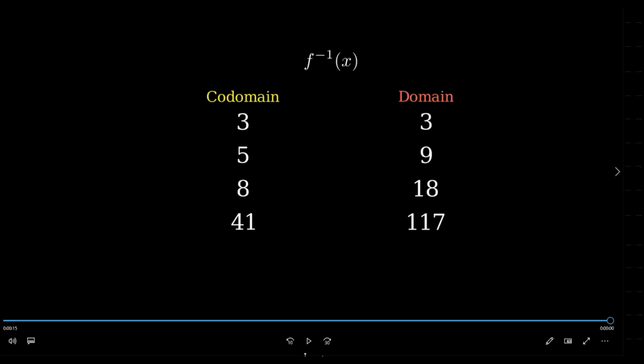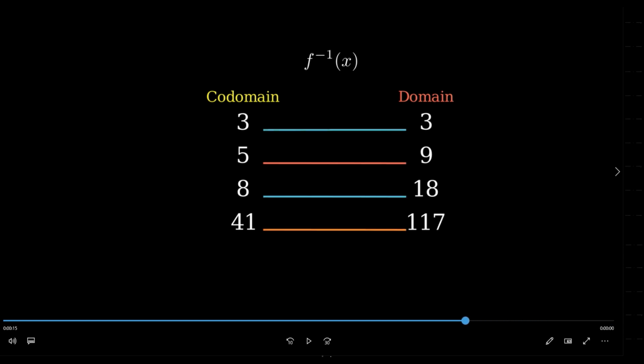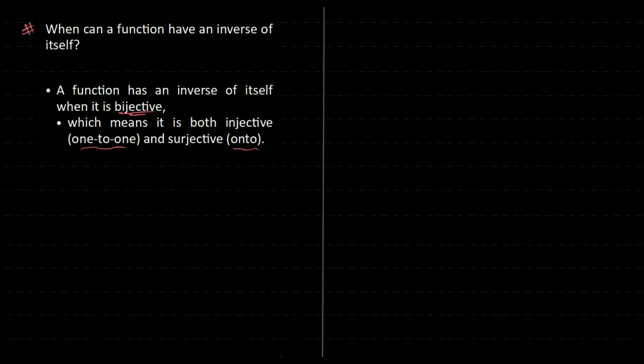That is, every element at the output is mapped to exactly one element at the input, so the pre-image has to be only one for every image. And every element in the codomain has to be part of the range, that is, part of the output. We need to define the sets and the function in this way. Only then can it be inversed.